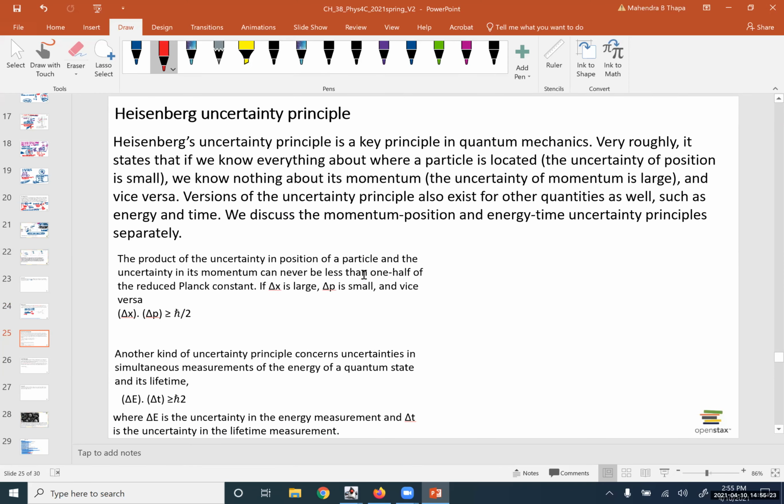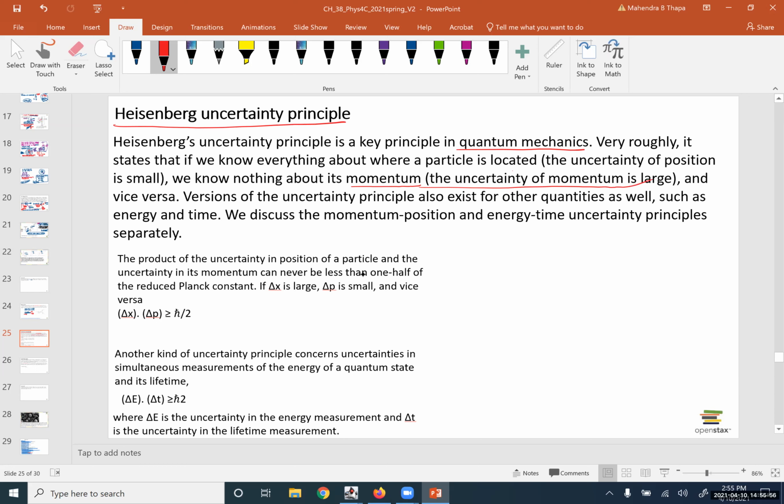The other quantum effect is the Heisenberg uncertainty principle. It says that in quantum physics, we cannot locate anything exactly. If we know everything about where the particle is, then we don't know its momentum with 100% certainty.